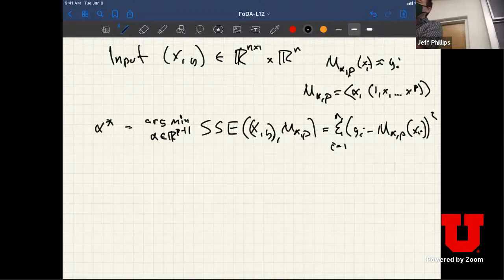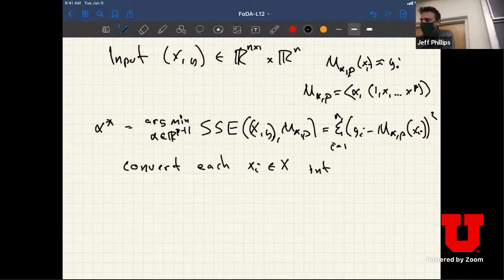And so how do we solve for the alpha star? The first step is I'm going to convert each x_i, an element of x, into a v_i, which is in R^(p+1), and v_i will be equal to 1, x, x squared, up to x to the power p.